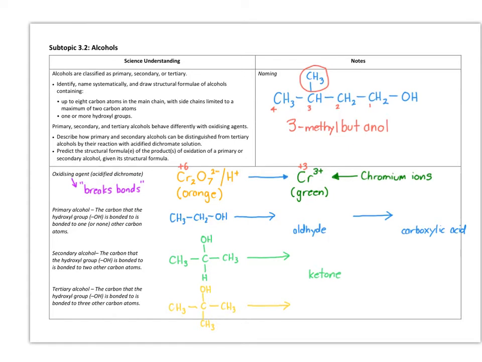If it's a secondary alcohol, the carbon that the oxygen is bonded to is bonded to 2 other carbons, and then there's a hydrogen here. If it's a tertiary alcohol, the carbon that the oxygen is bonded to is bonded to 3 other carbons. So that's the difference between a primary, a secondary and a tertiary alcohol.